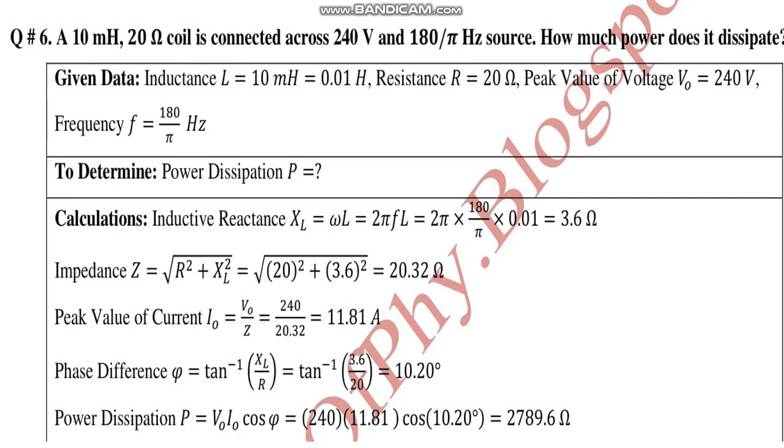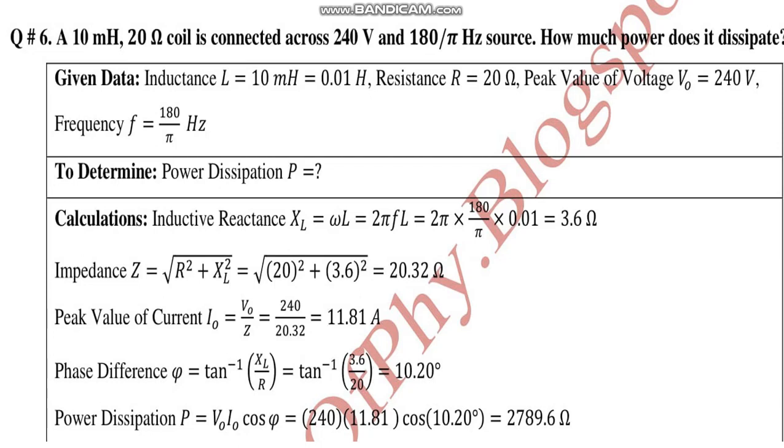Peak value of the voltage V naught, that is given in the question, that is 240 volts. And frequency, that is also given in the question, 180 over pi hertz. We require power dissipated. So power dissipation formula, that is equal to V naught I naught cos phi.